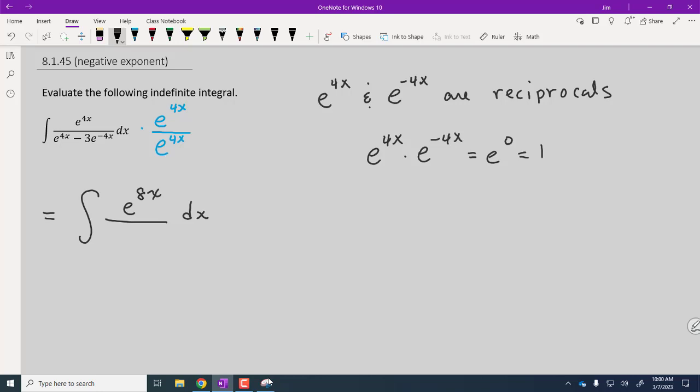All right, and then down below, we're going to have an e to the 8x over on the left minus 3. Because e to the negative 4x times e to the 4x is 1. 1 times 3 is 3. And then where are we going to go from here? U sub. We could go to u sub. There's a faster way, though.